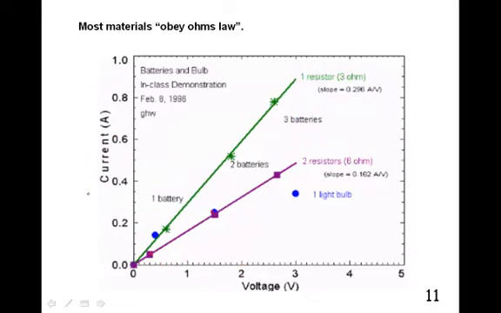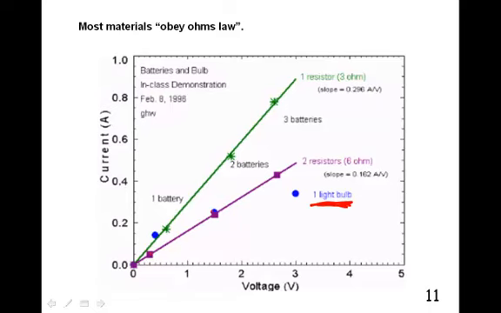Now, all materials do not obey Ohm's law. In particular, semiconductors don't obey Ohm's law. If they did, we'd be in trouble because we couldn't amplify things. Another thing that doesn't obey Ohm's law is a light bulb.